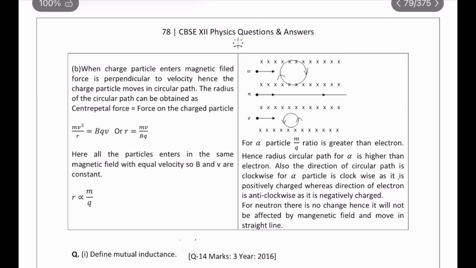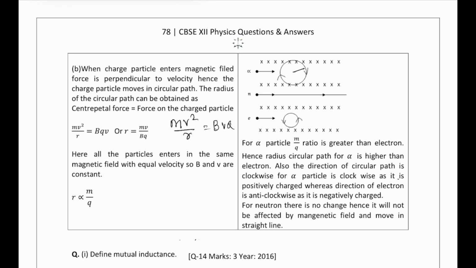Now the centripetal force is mv²/r, where r is the radius of this circular path, provided by Bvq. Correct? This is the force experienced, as explained earlier. Now what is the radius?